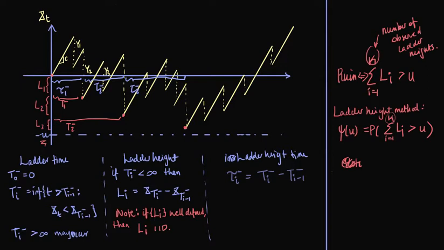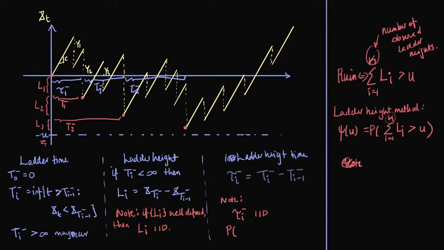One thing that is quite useful to note is, due to the strong Markov property of the Cramér-Lundberg process, the inter-ladder height times are in fact identically and independently distributed. And also, since each time this process restarts, then the inter-ladder height time is also the amount of time that elapses before this new process here goes below its initial value.